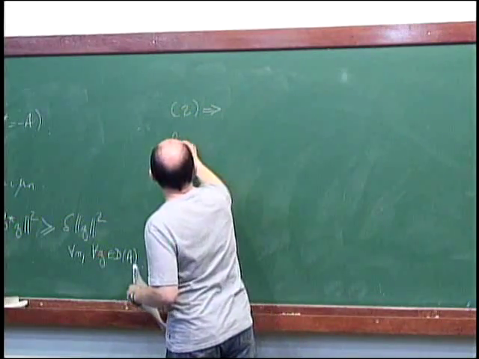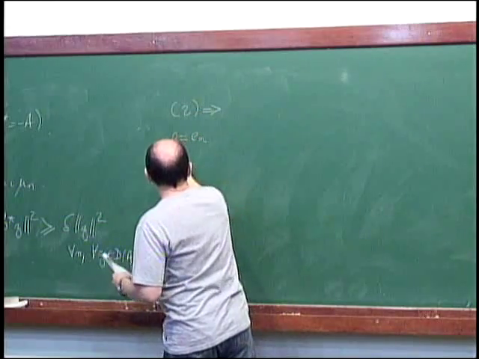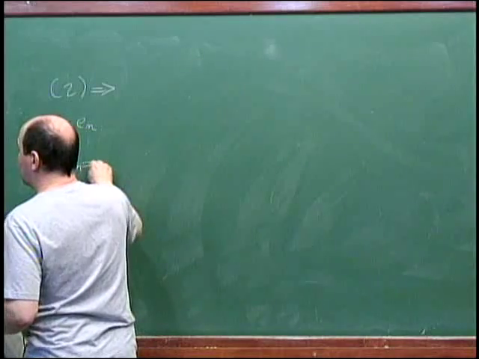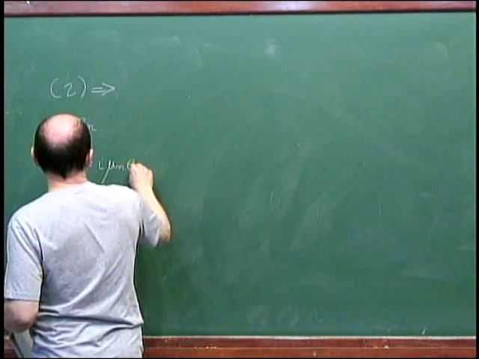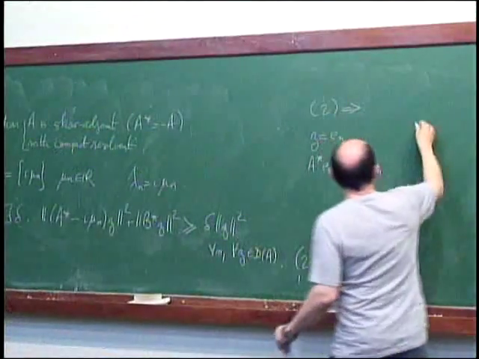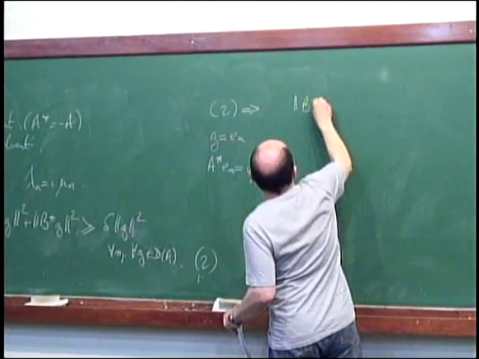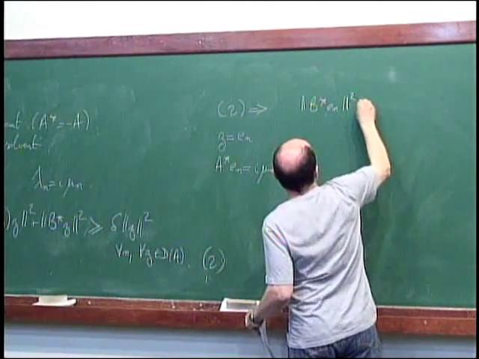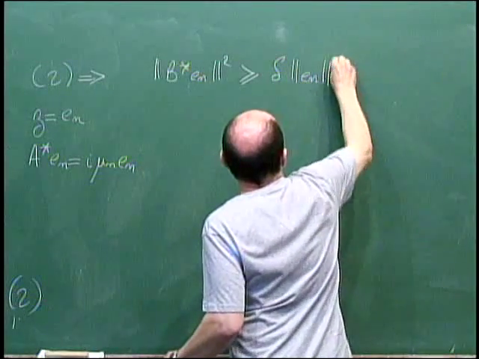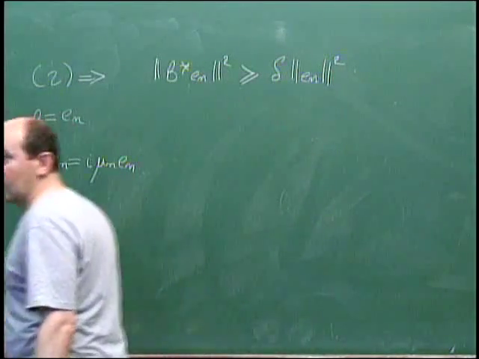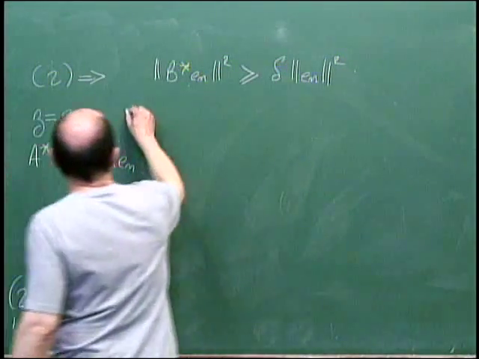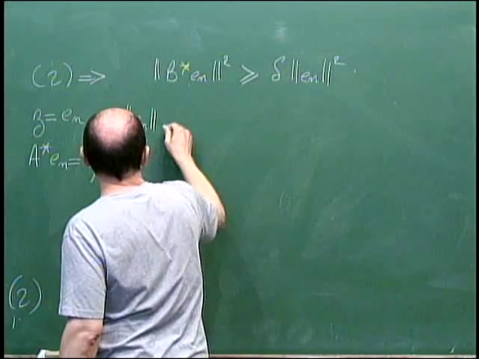You just take z equal to e_n, assuming that A* of e_n is precisely i mu n e_n. Of course, the first term disappears, and you get ‖B*e_n‖² larger than delta ‖e_n‖². You arrive at this, and of course you can take e_n with norm 1 in your space H.